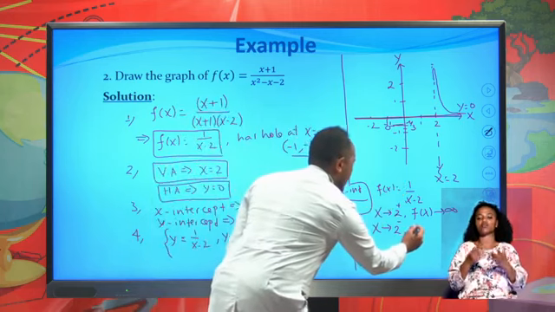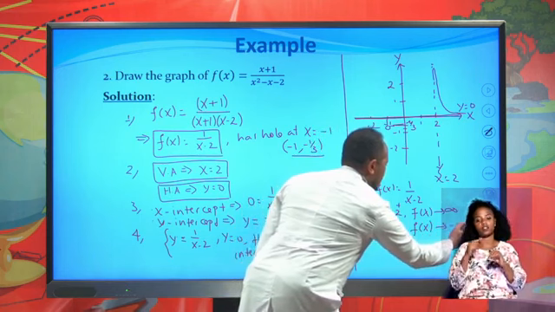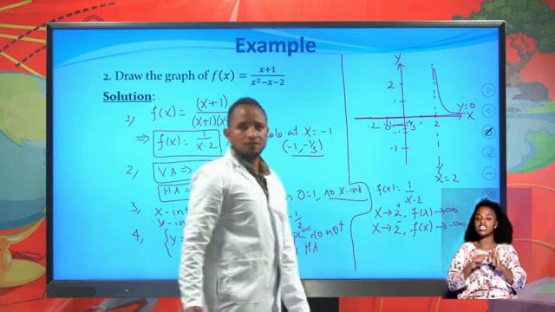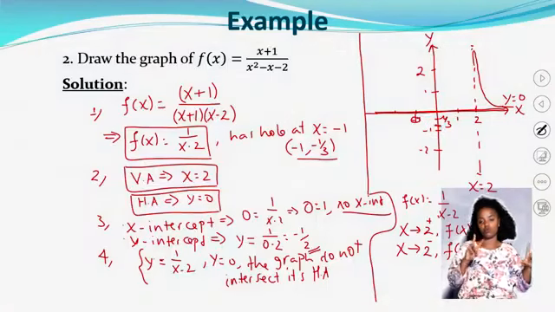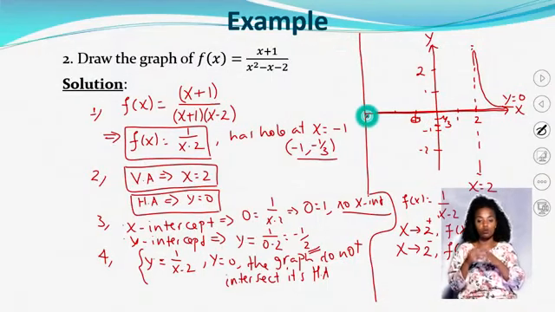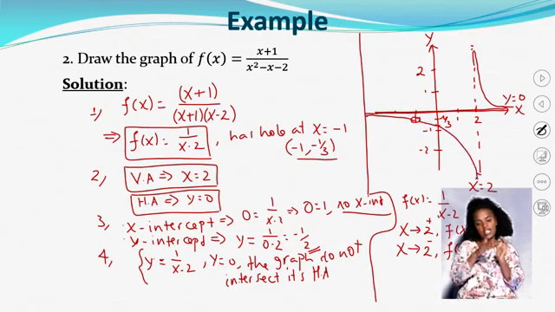Therefore, our function f of x goes to negative infinity. So, from the left side of 2, it approaches its horizontal asymptote, and does not cross. So, it moves like this. This will be the graph of f of x equals 1 over x minus 2. So this is it.